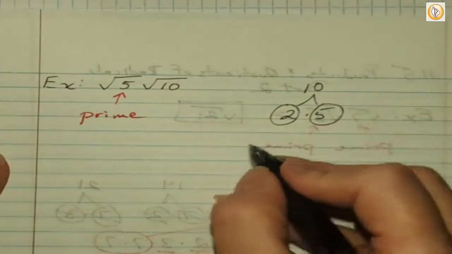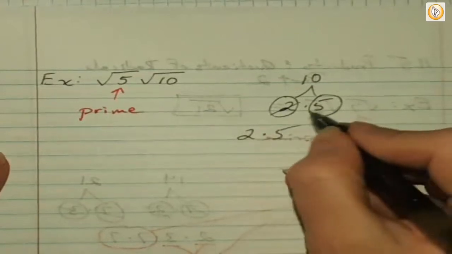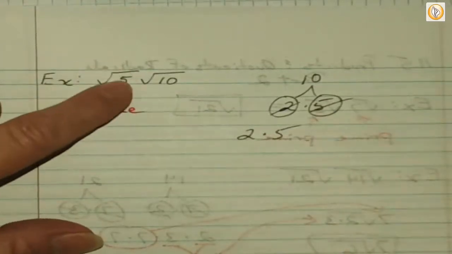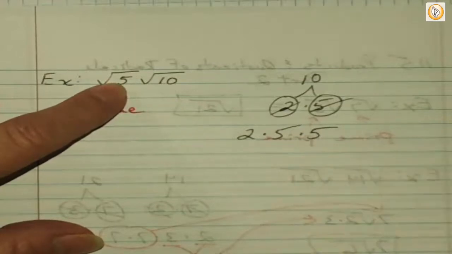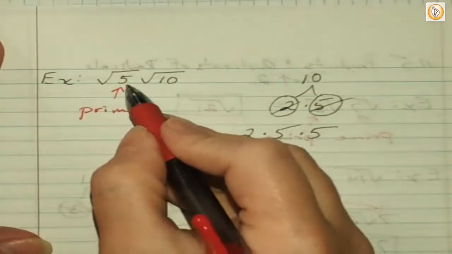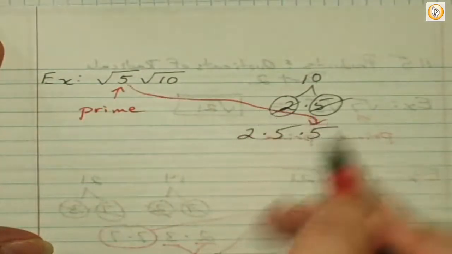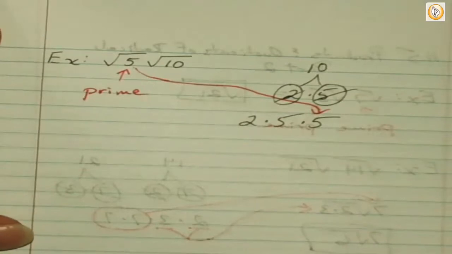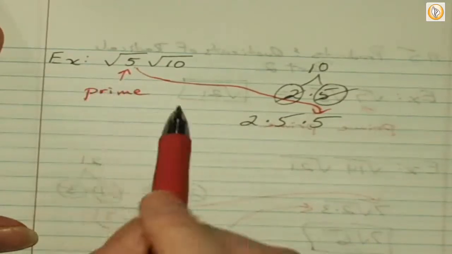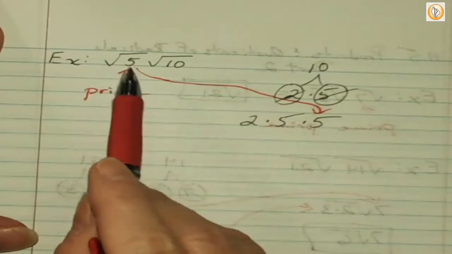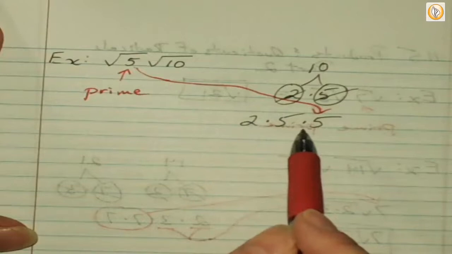So we're going to write our prime factors, 2 times 5, but we're going to include this prime number over here. So you're just going to stick it on there at the end. Do y'all see that? Make sure you're taking good notes. If your number is prime, you just stick it on the end here.